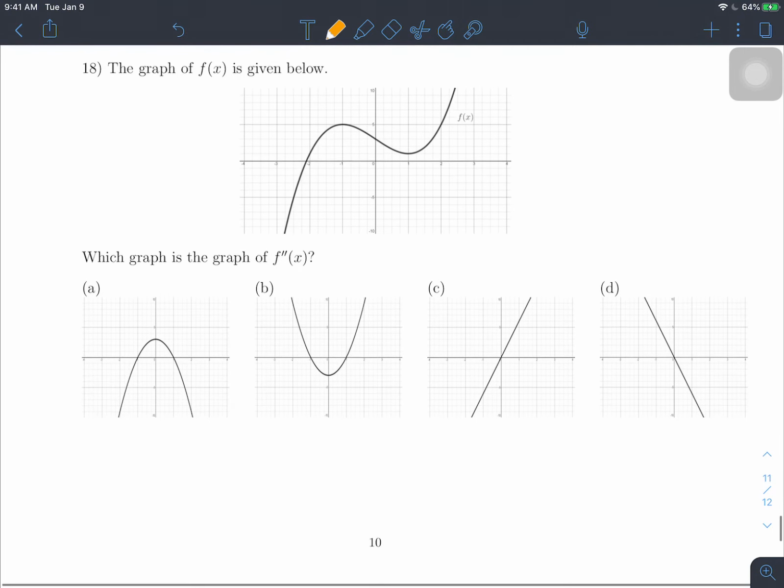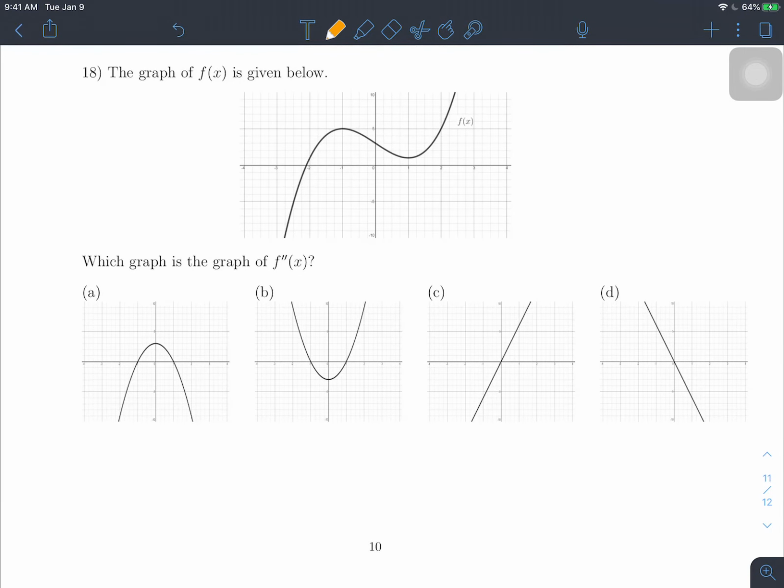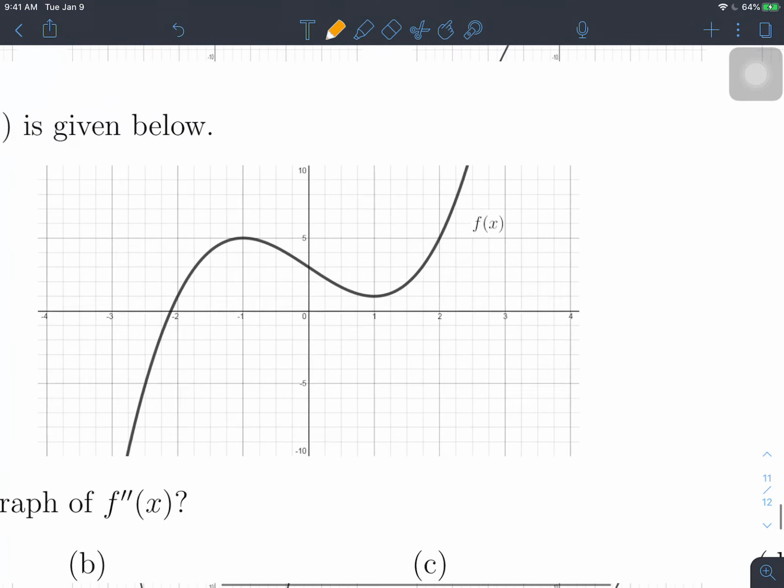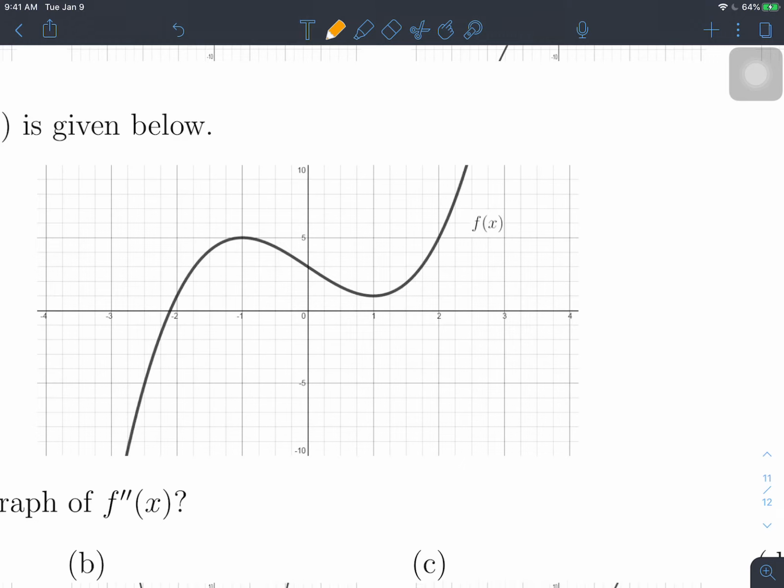Okay, another one here. We have the graph of f of x, it's given below, and we want to decide which is the graph of f double prime of x. So I need to split this graph up into the places where it looks like an n and where it looks like a u.